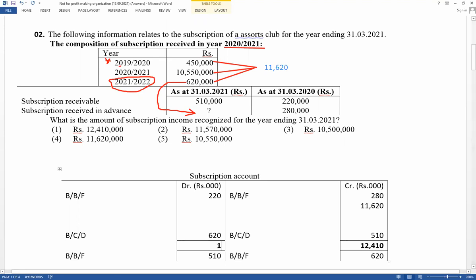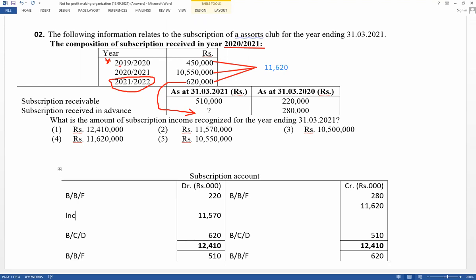Take that value to the debit side and the difference value as income statement. Therefore, minus 220 as well as 620. Therefore, as subscription income, difference value equal 11,507,000. Therefore, this is the value should be considered as income.